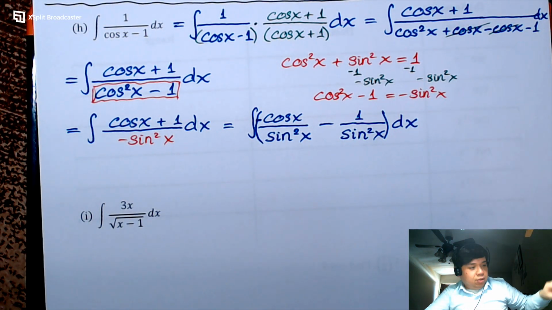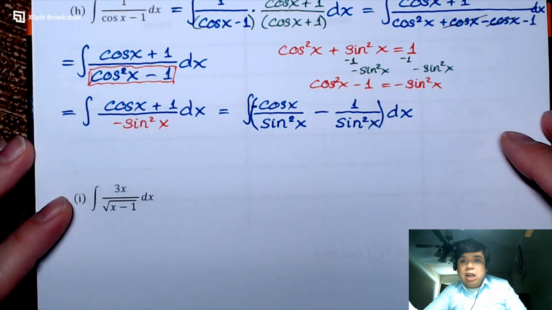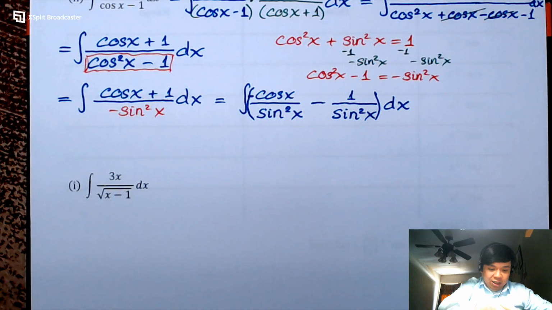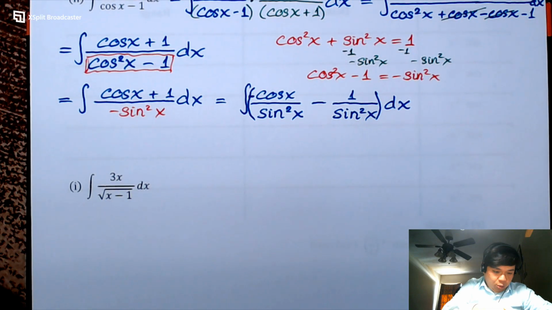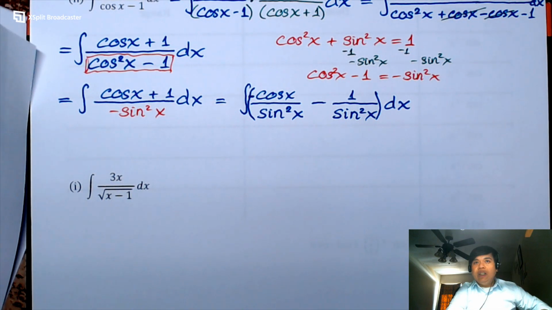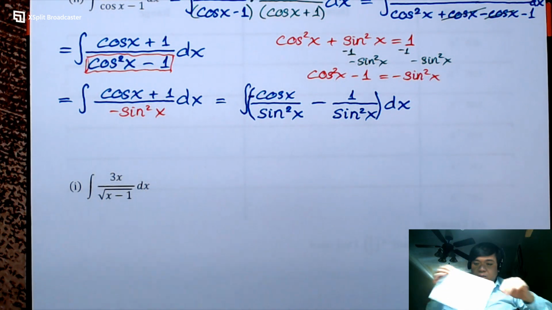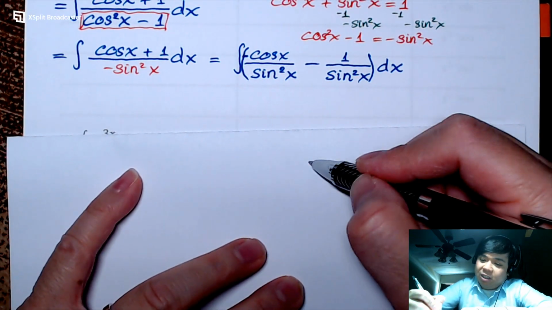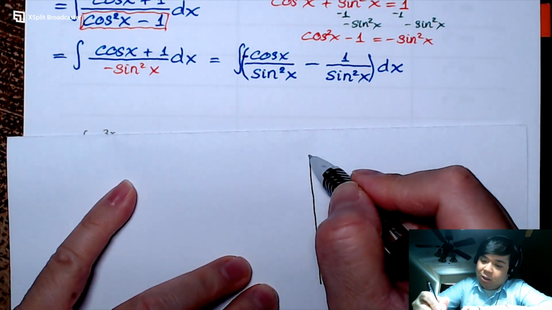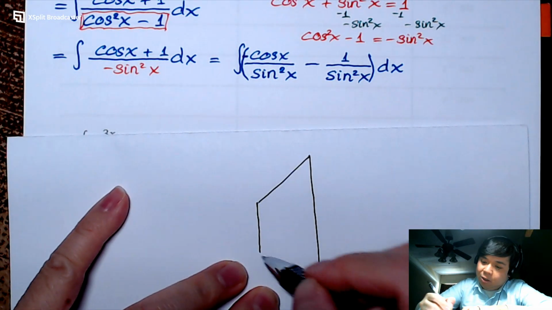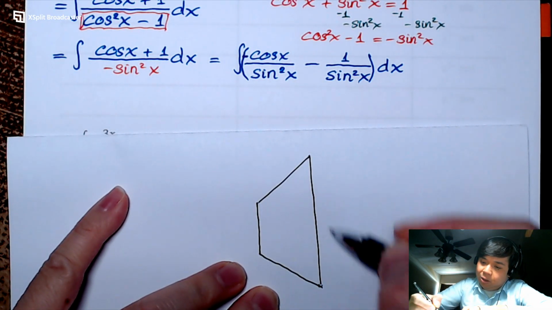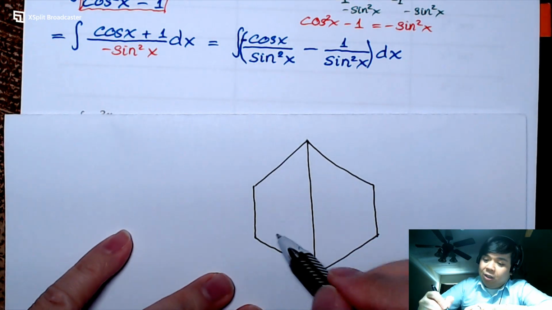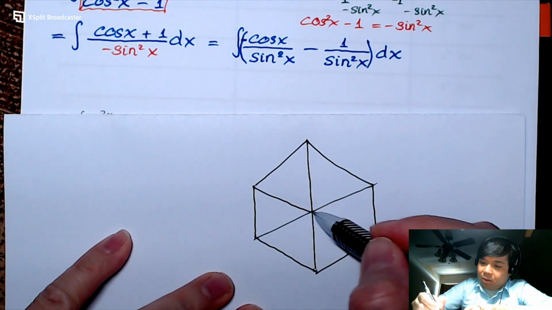Now, I just want to review a little bit, a sidetrack here, a little bit of trigonometry. Well, that's good. If you watch this video, then this is a good review. Again, trigonometry, not calculus. So what I'll do is draw a hexagon here, like this. Okay, that's more like a hexagon.